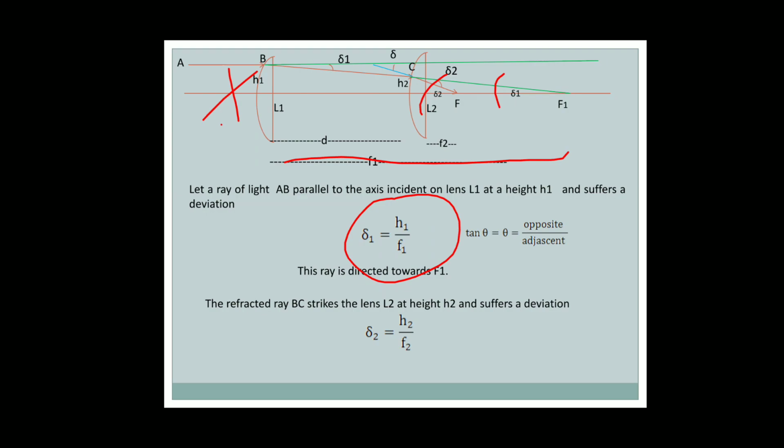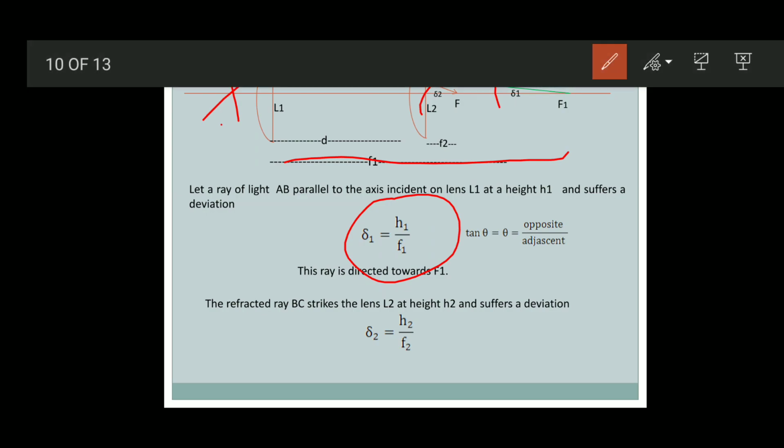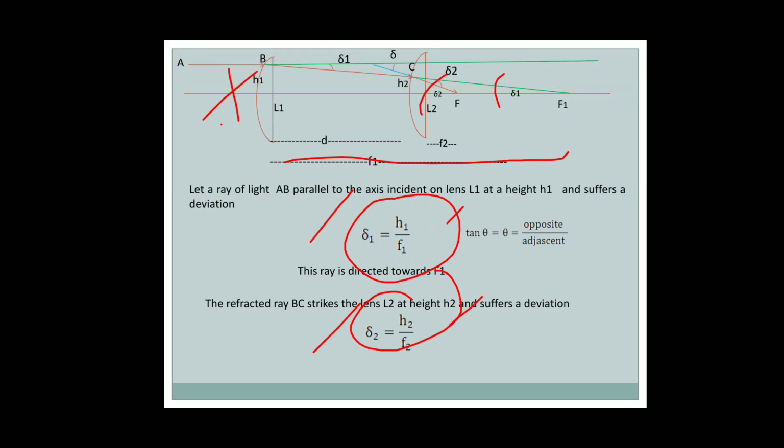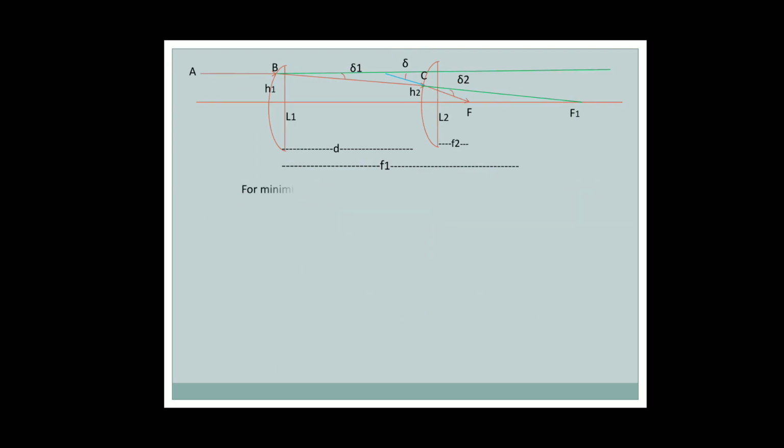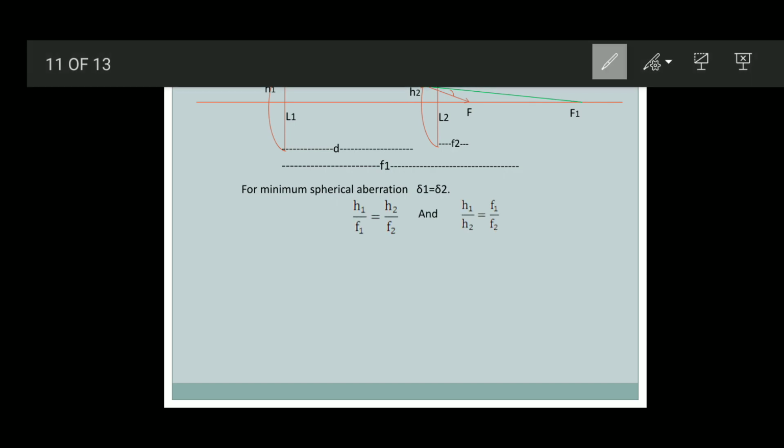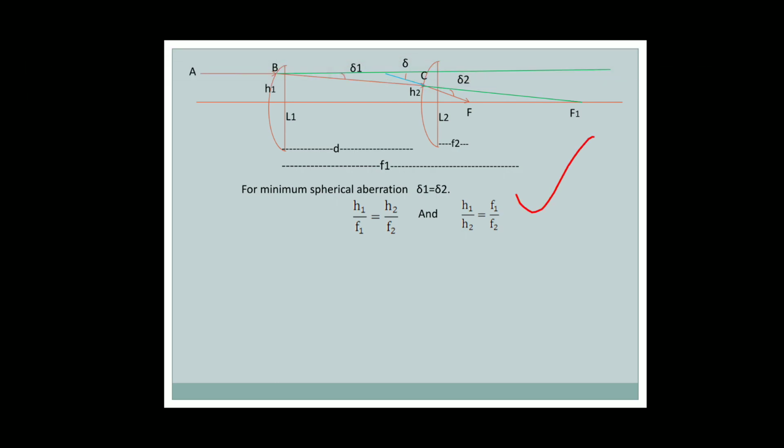We know the condition for minimization of spherical aberration is delta 1 equal to delta 2, that is h1 by f1 is equal to h2 by f2. So h1 by f1 is equal to h2 by f2 to minimize the spherical aberration, so that h1 by h2 is equal to f1 by f2.